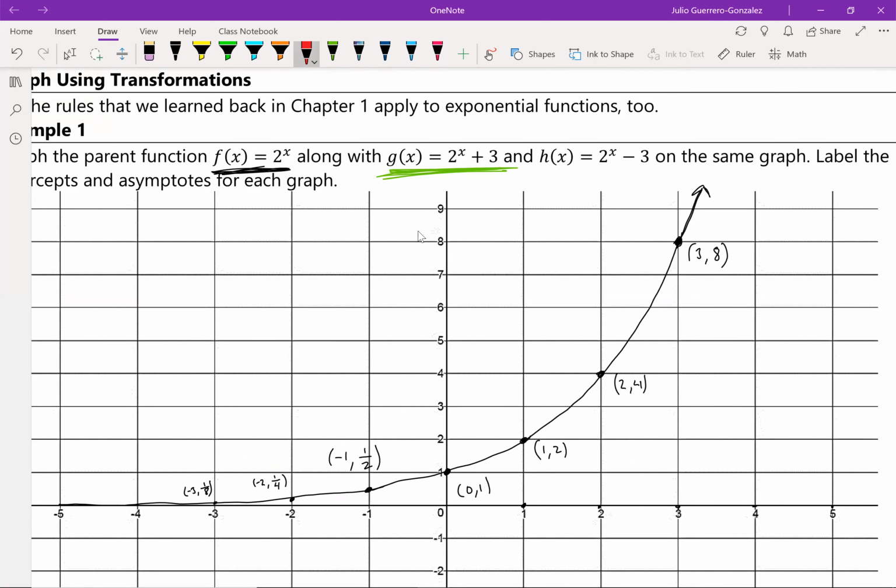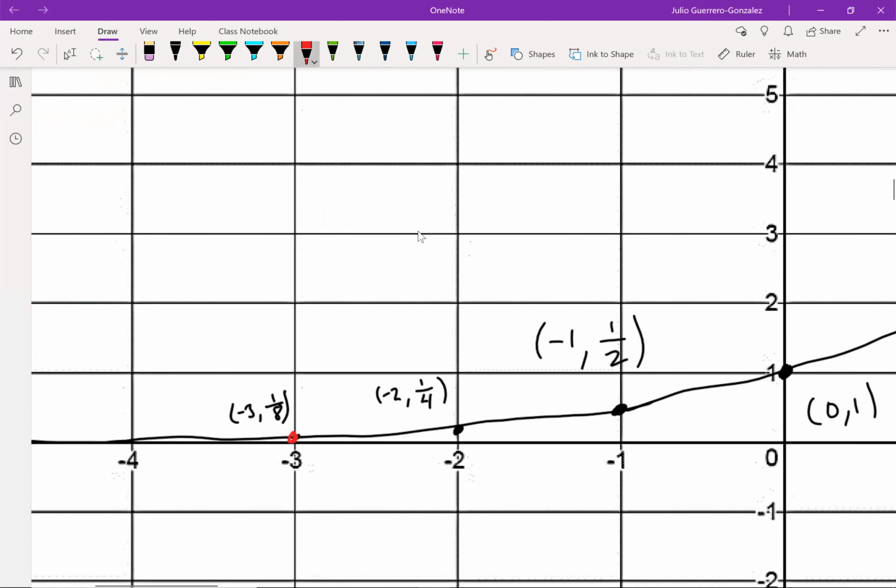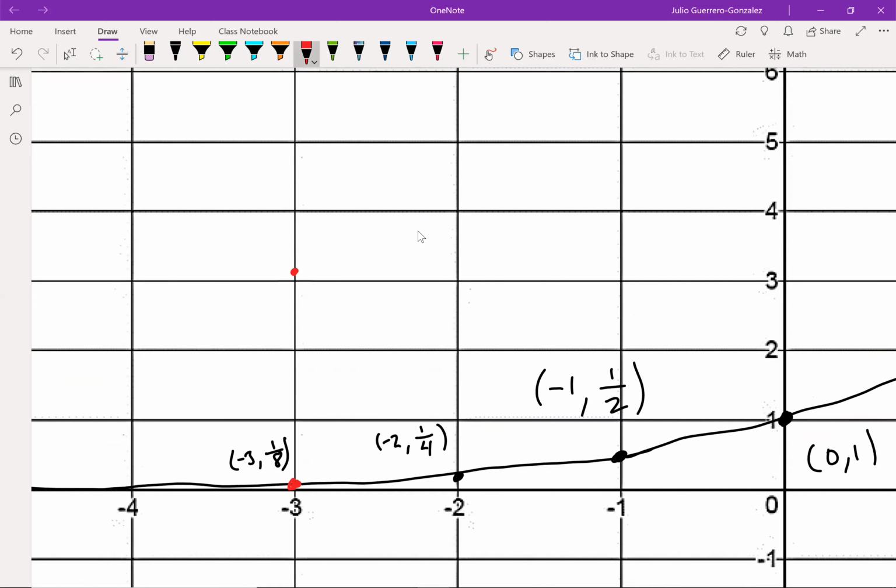I'm going to use the red marker. This point right here moves up 3, so it's going to be 3 1/8. Does that make sense? 1, 2, 3 1/8. So that point will now be up here. The next point moves up to 3 1/4, so 1, 2, 3 1/4.